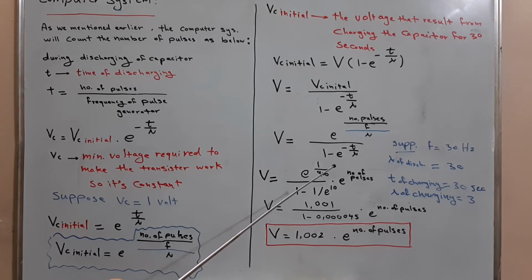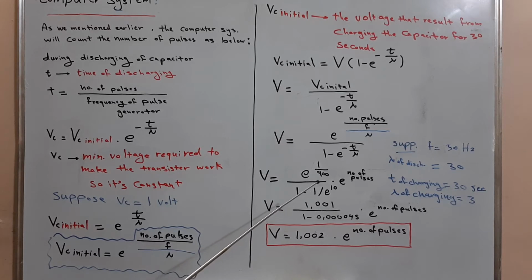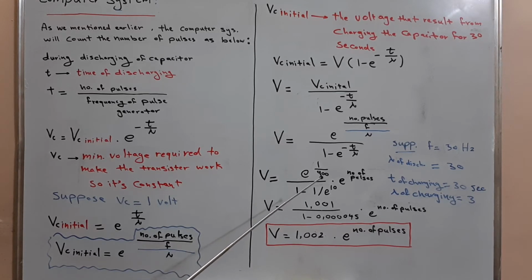And for the simplicity, let's suppose that f is equal to 30 Hz, gamma of discharging is equal to 30, t of charging is equal to 30 seconds, gamma of charging is equal to 3. So V is equal to e to the power of 1 divided by 900, and the whole value will be divided by 1 minus 1 divided by e to the power of 10, multiplied by e to the power of number of pulses.